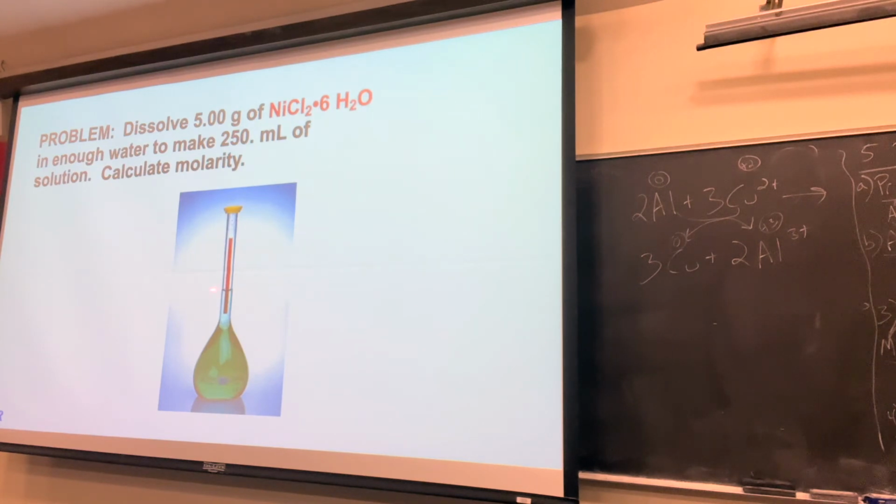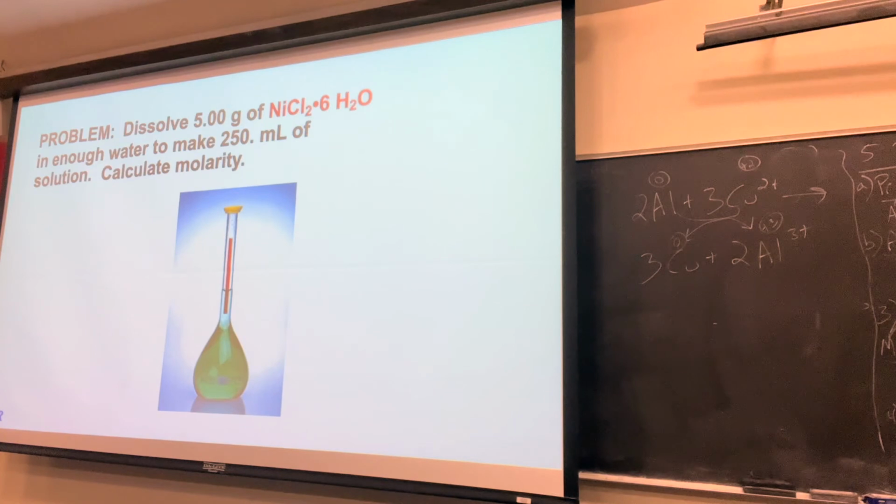Volumetric flasks have one line on them, and that line is pretty accurate in terms of volume. The liquid has a meniscus, which is a dip in the water. If the bottom of the meniscus is right on that line, then this would be exactly 250 milliliters. That's the idea.